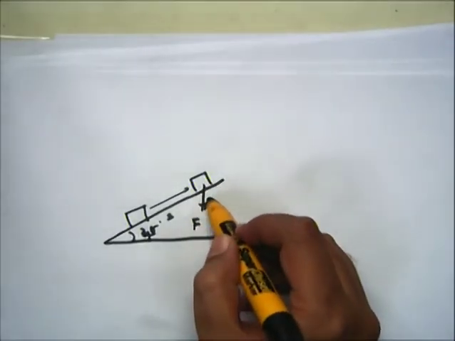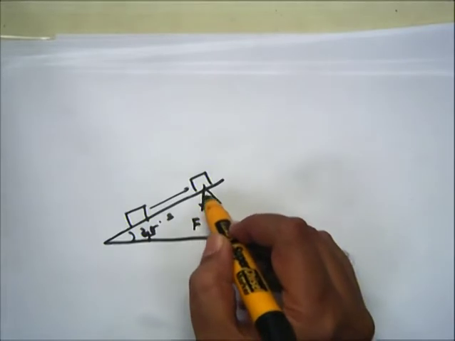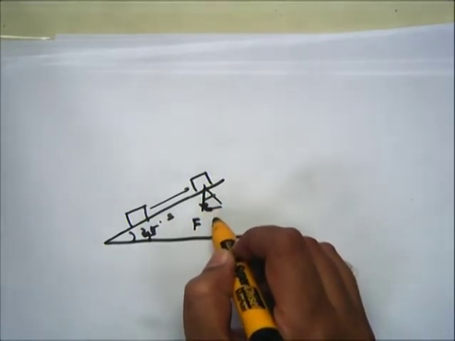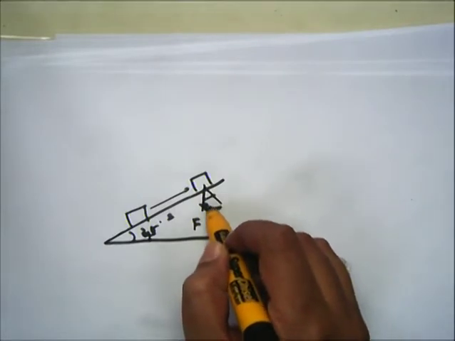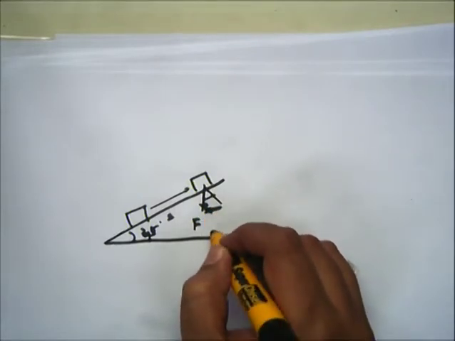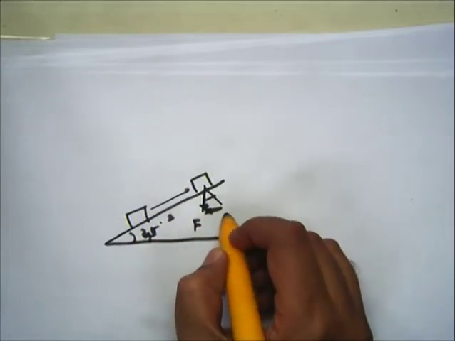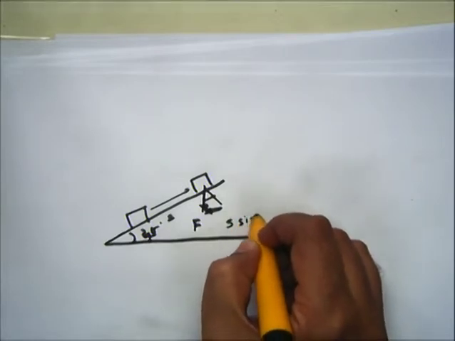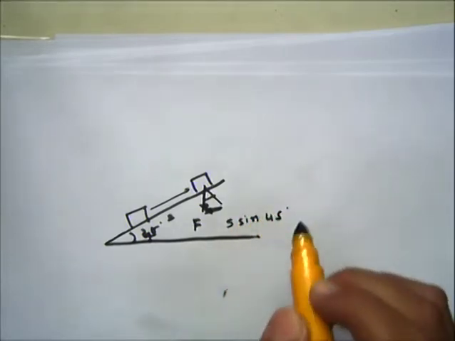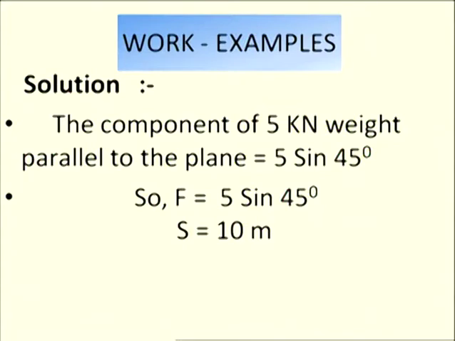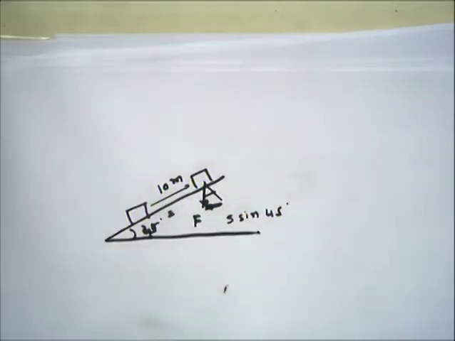Suppose this is the vertical component, this is the angle theta, and this is the component of the force parallel to this plane, that is 5 sin 45 degrees.